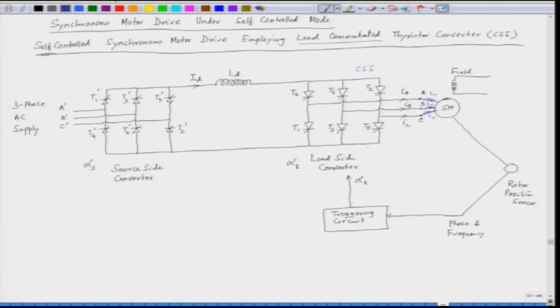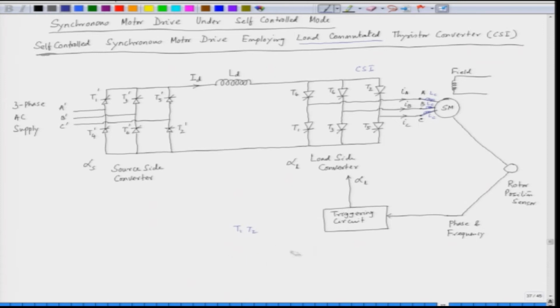Now, let us try to understand how this is commutated. The triggering pattern would be something like T1, T2, T3, T4, T5, T6, T1, T2.